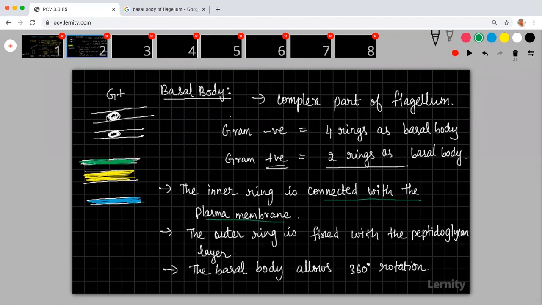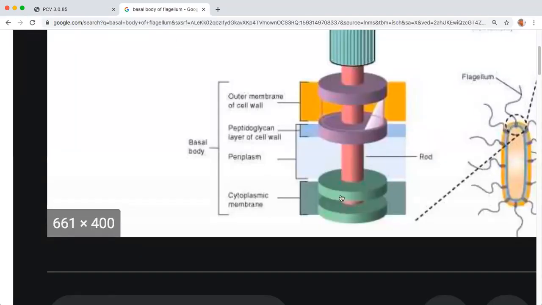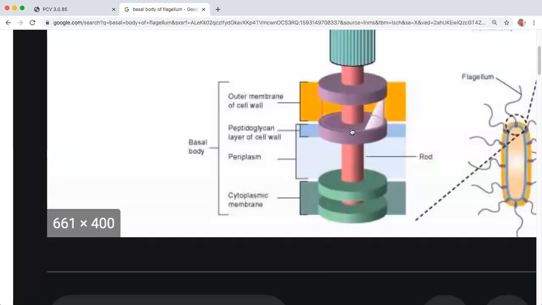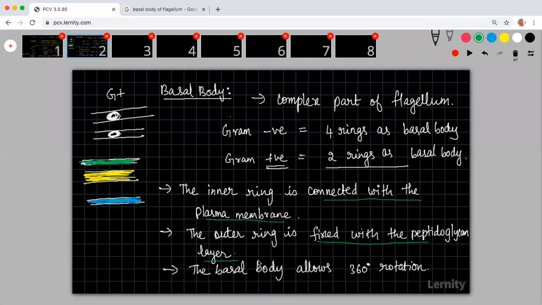Whenever it is four rings, the inner rings are attached with the plasma membrane, and then the outer ring is fixed with the peptidoglycan layer, or the cell wall. What is the thing that you are able to understand? This basal body will allow a 360-degree rotation.